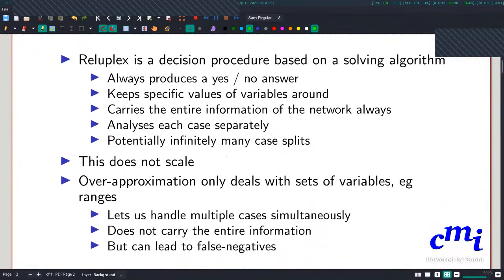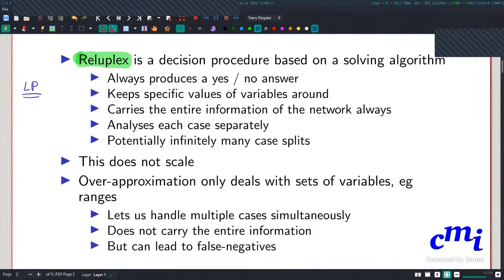So in the last lecture we looked at Reluplex, right? Just now. Reluplex is a decision procedure which is essentially based on solving. What we do in Reluplex is always carry specific values of the variables. Whenever you have that LP instance, you pass it to an LP solver.